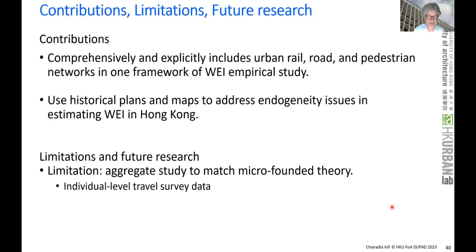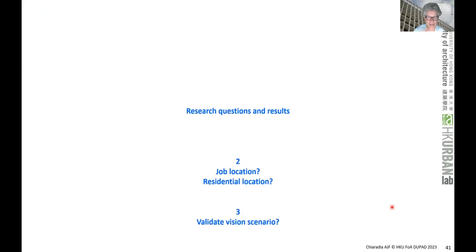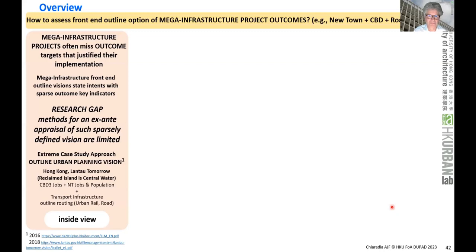So, okay, I'll pass on this, and let's look at the second study, which this time looks again at the job location in relationship to residential location. Before we go into scenarios, I'll give you an overview.